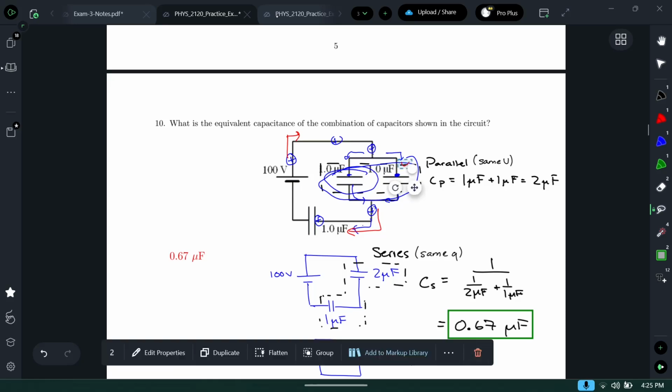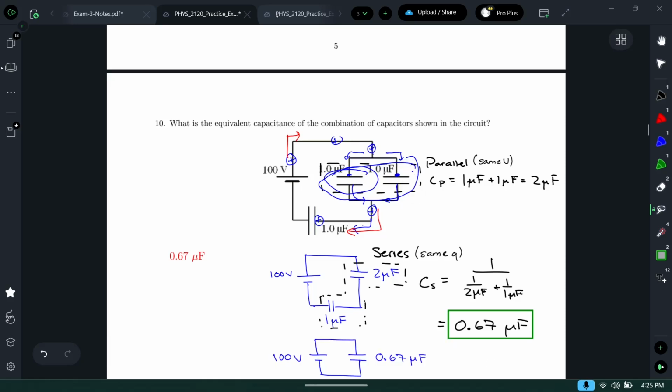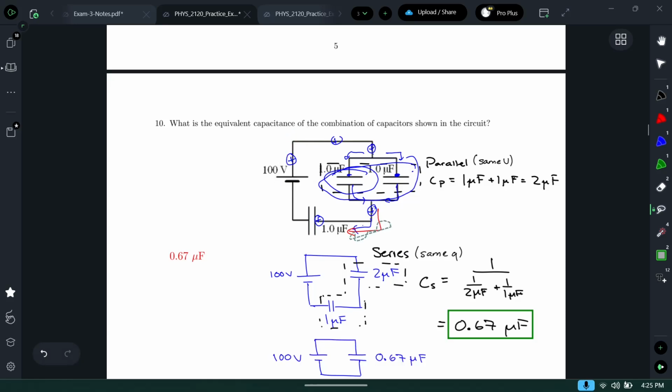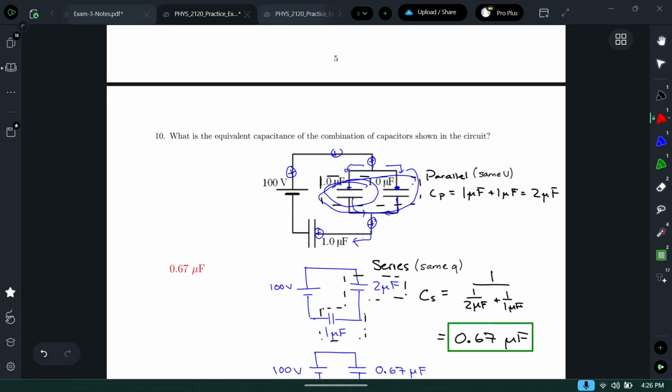Yeah, no, I didn't, because I think I see what you're saying now. The two capacitors right here are in series with the capacitor on the bottom, and so those would have the same charge on both of them. Okay, I think I see where you're coming from now too.